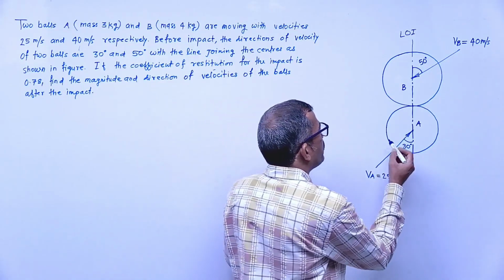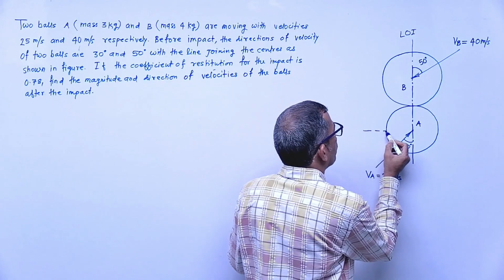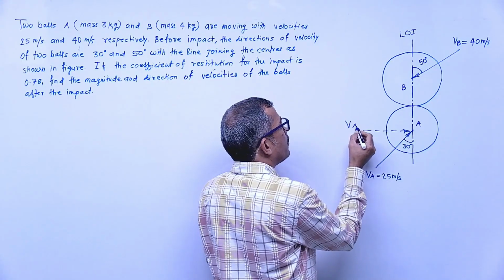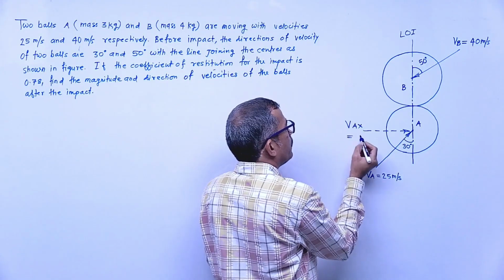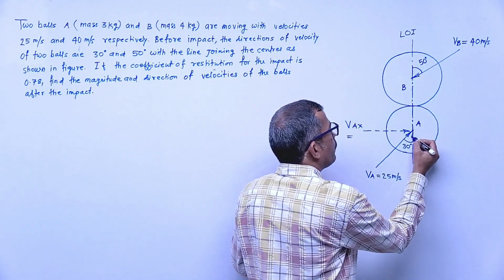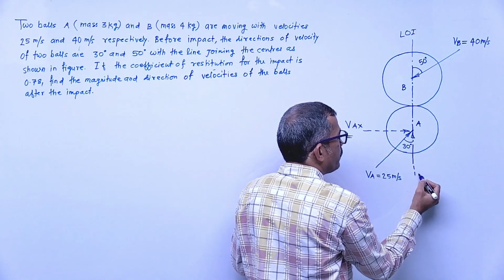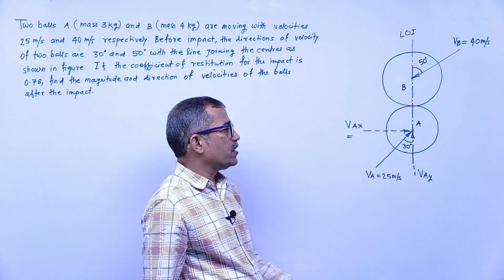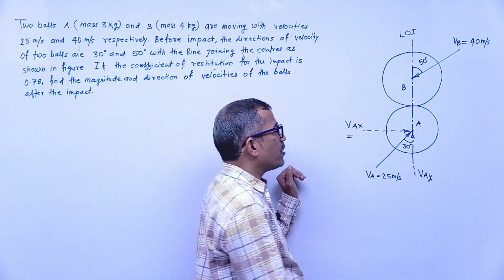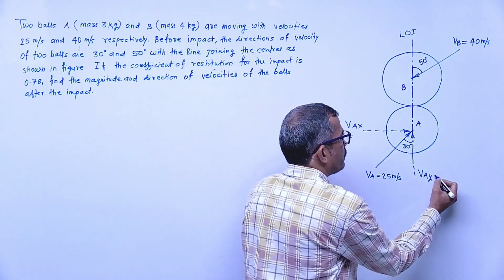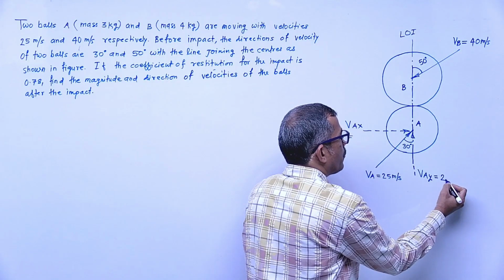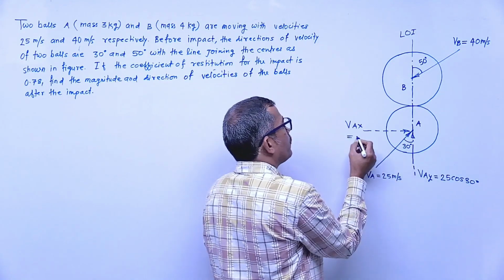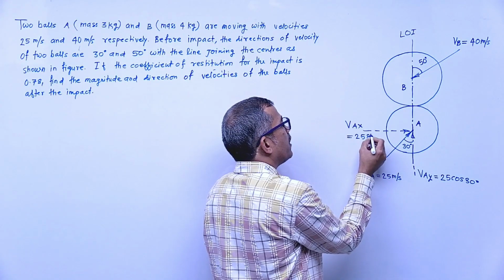So VA, if we resolve, the horizontal component rightward is VAX, and the other vertical component is VAY. The inclination of velocity with the vertical is 30 degrees, so the vertical component becomes 25 cos 30, and this component becomes 25 sin 30.